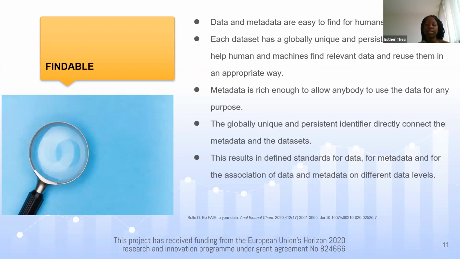And the globally unique and persistent ID directly connects the metadata and the data sets. And this results in defined standards for data, metadata, and association of data and metadata on different data levels. Next slide.